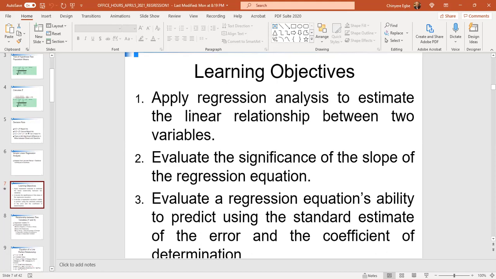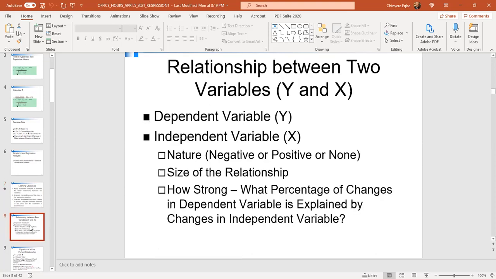And so what we do then in the regression analysis is to do a test of hypothesis to see if such a relationship is real, okay? And so we will talk about what that means and how we reach a conclusion whether such a relationship is real once you do your estimate, okay? And then we will evaluate the regression equation's ability to predict, okay? Or we will use the regression equation to do a prediction.